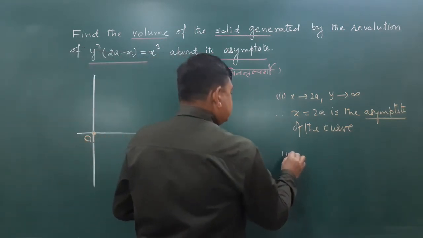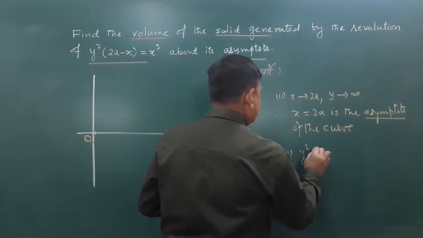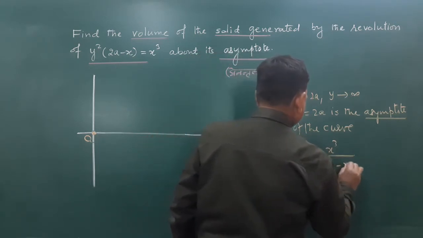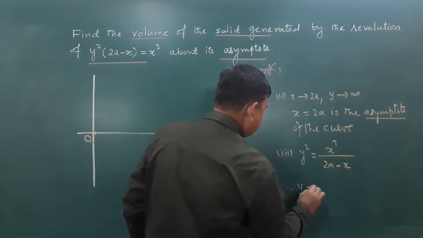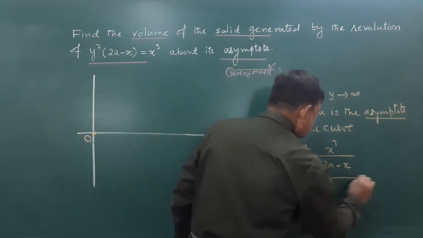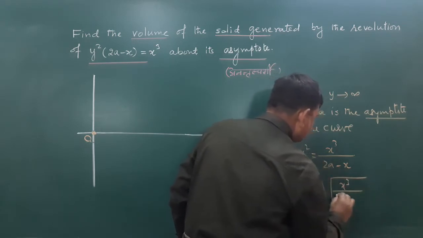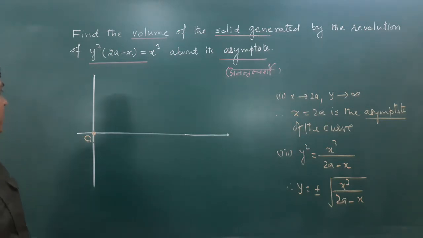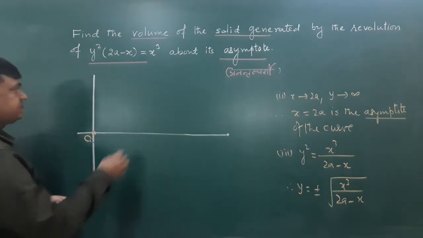Third point I write, y square equals x cubed upon 2a minus x, therefore y equals to plus minus square root of x cubed upon 2a minus x. So the whole curve is lying between 0 and 2a.